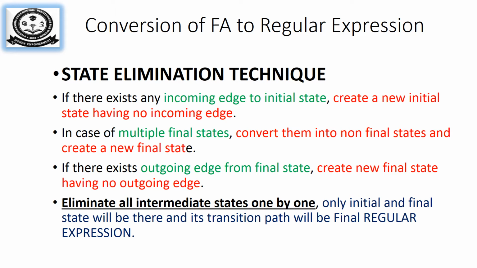The third step is, if there is an outgoing edge from the final state, then create a new final state with no outgoing edge. And the last step is to eliminate all the intermediate states one by one. That's most important, one by one. Only the initial and final state will remain, and its transition path will express the final regular expression.